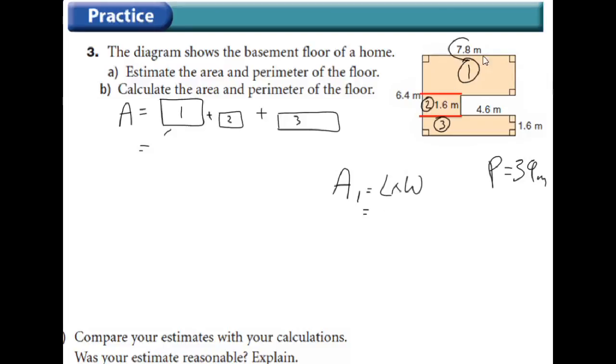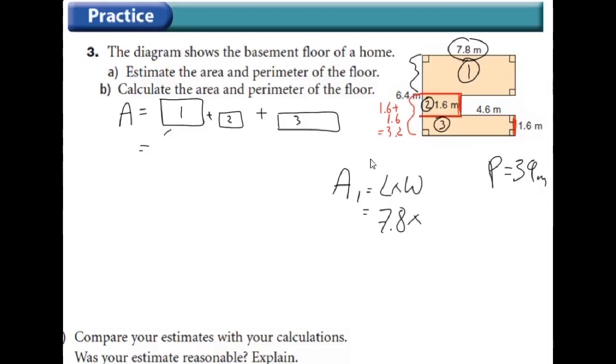My length is 7.8. That's the easy one. What about this width, though? I've got this shape, this part over here. I don't know what that is. But I know over here that this is 1.6, this line that I'm going to draw in red. I know also that this is 1.6, so from here to here is 1.6 plus 1.6, which is a total of 3.2.